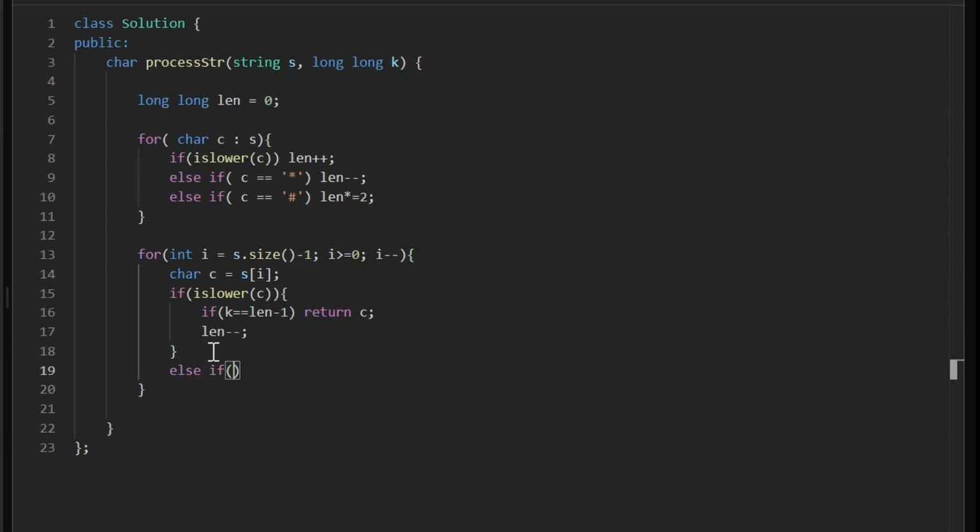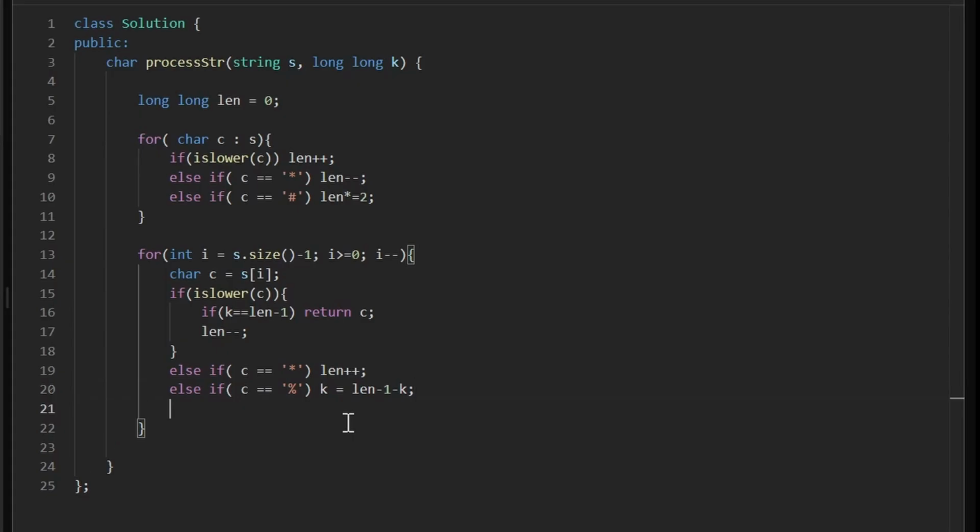Else if our character is asterisk, we are simply going to undo the process, that is, increment length. Else if our character is modulo, we are reversing the current result, so k equal to length minus 1 minus k, which reverses the index.